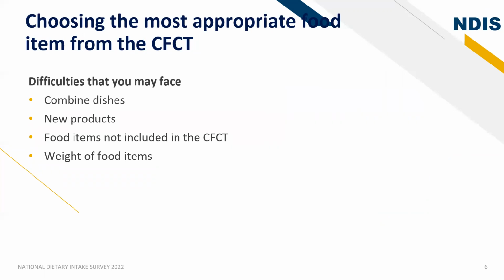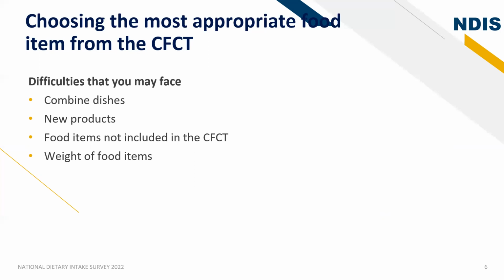So you need to choose the most appropriate food item from the condensed food composition tables. You may have difficulties, we have mentioned combined dishes, so that you might have difficulties with these. The combined dishes would be a stew or a pasta where you have added a variety of ingredients. You could have mixed vegetables that have been combined, vegetarian dishes that have been combined.